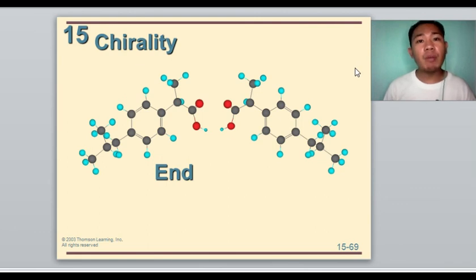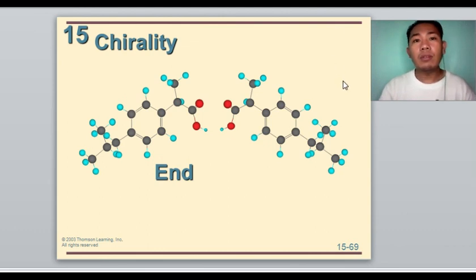The most common cause of chirality in organic molecules is the presence of a tetrahedral carbon atom with 4 different groups bonded to it, such a carbon is called a stereocenter.